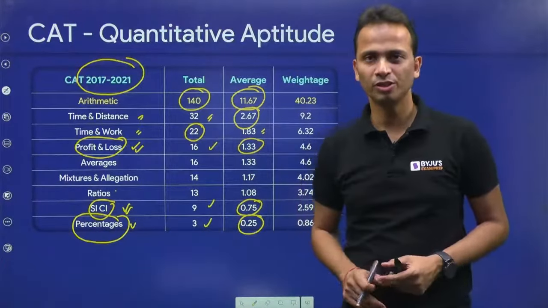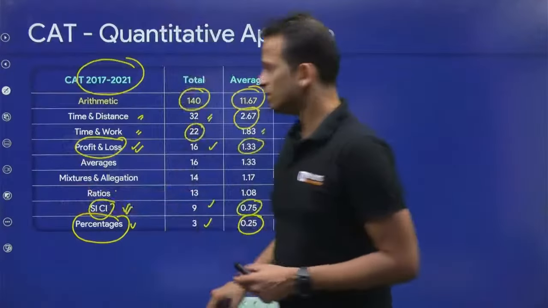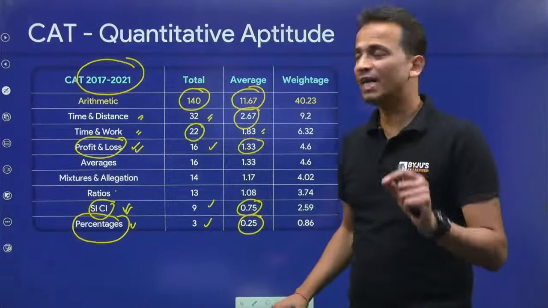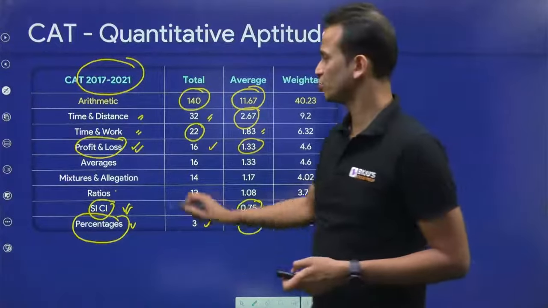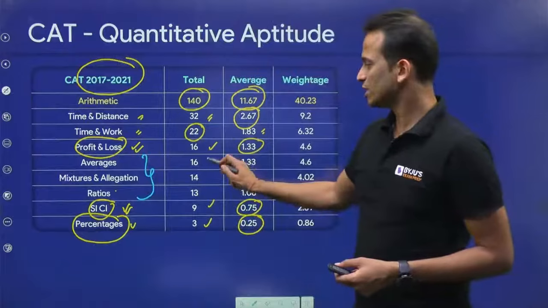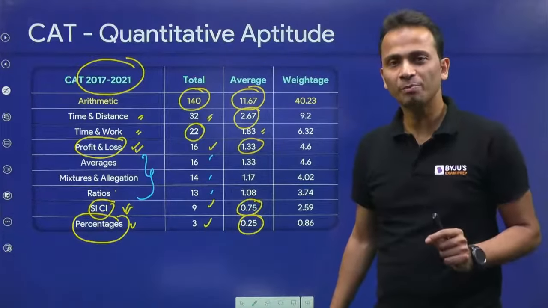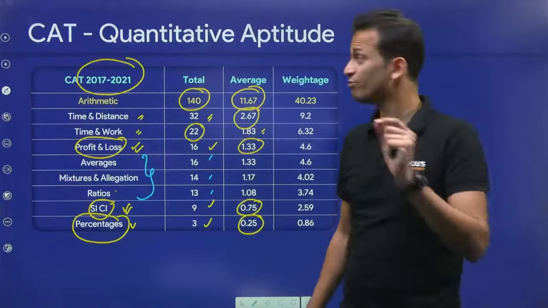Now, talking about averages, mixtures and allegations, basically the application of ratios. If you look at these 3 columns, 16, 14 and 13, 43 questions have appeared in total in the last 5 years.